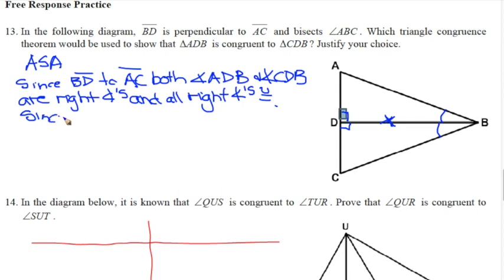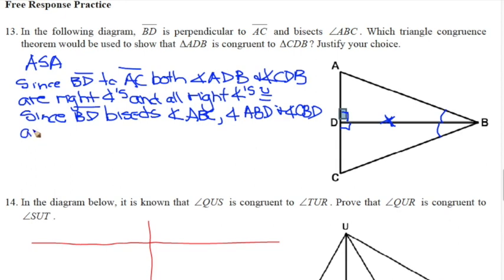Since BD bisects angle ABC, we can conclude that angle ABD and angle CBD are congruent. This is because an angle bisector divides an angle into two congruent parts.